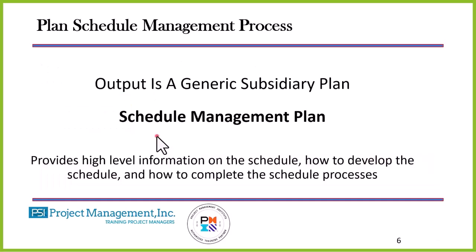The schedule management plan is going to tell us how we're going to create the project schedule. There's two things that you need to understand at this point. One of them is the process that gives us the schedule, called develop schedule. Develop schedule has two outputs: the schedule baseline, and also a project schedule.